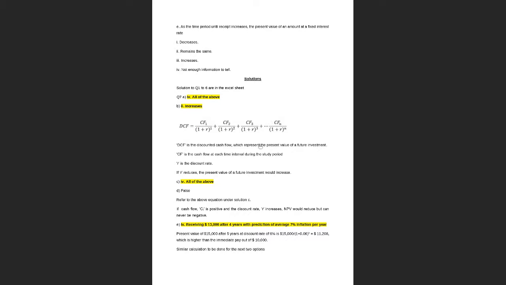No, right? So the answer is no. No matter how much you increase your R value, until and unless we have a negative cash flow, your discounted cash flow won't be negative. In order to have a negative discounted cash flow, you have to have some negative cash flow in the future. So no matter how much you increase this R value, DCF will never be negative until and unless we have some negatives here.